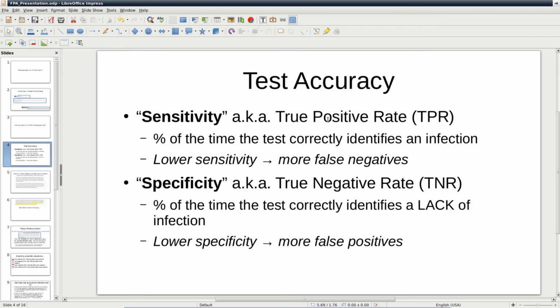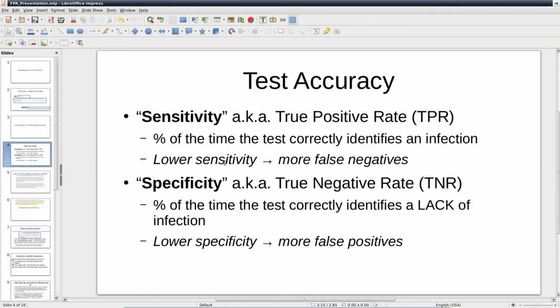Sensitivity, also called the true positive rate, is the percentage of the time the test correctly identifies an infection. And specificity is the true negative rate. It's the other side of the coin. It's the percent of the time that the test correctly identifies a lack of infection.